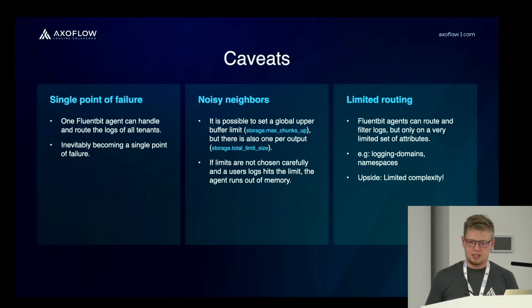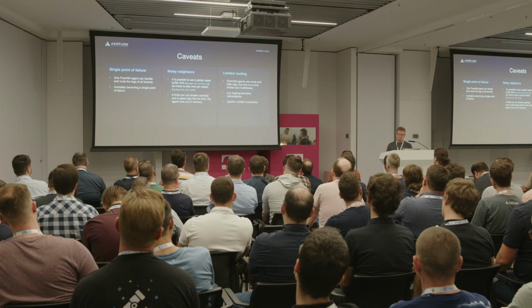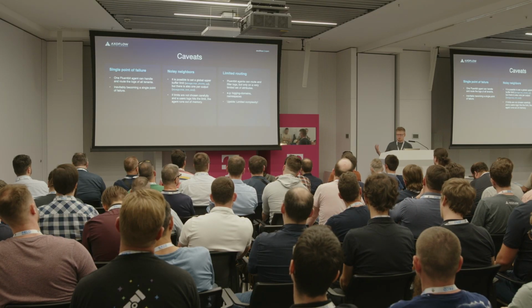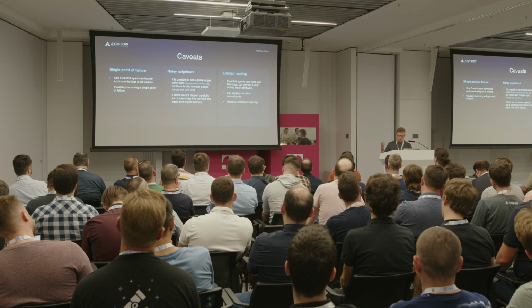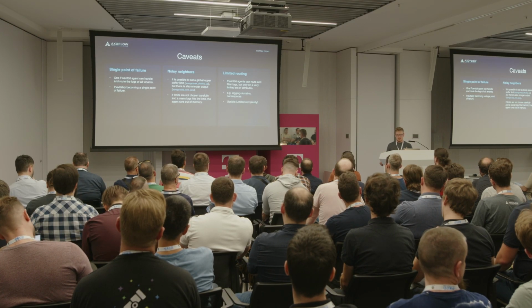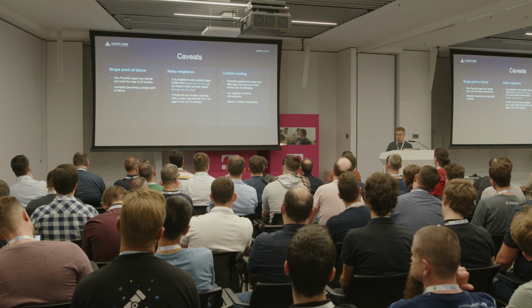So if you imagine a scenario where you have two tenants consuming logs, and one of the aggregators becomes unavailable for some reason, in a lucky scenario, your Fluentbit agent will start to buffer up logs instead of throwing them away. And upon reaching the disk limit or this upper buffer limit, the collector will start to fail, and the other outputs and aggregators will suffer the consequences of that.